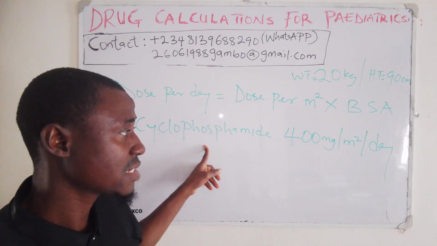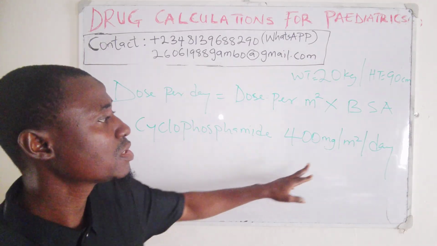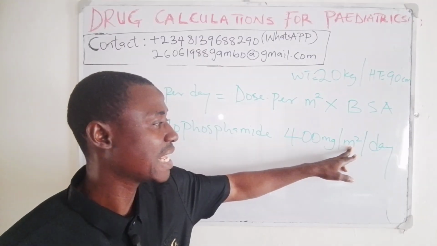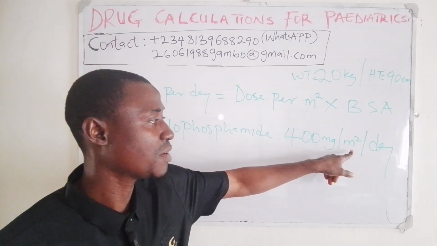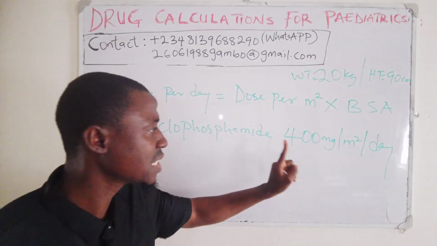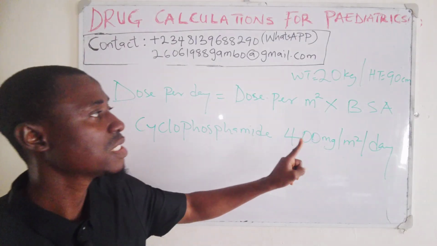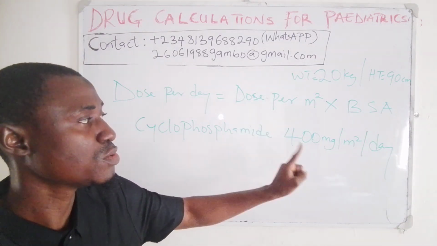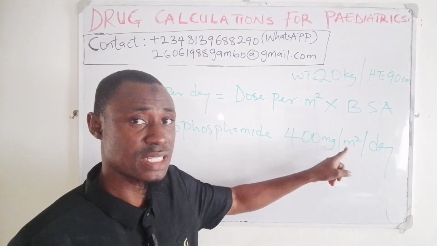This is an anti-cancer drug. And the prescription, instead of per kg, which is what we are used to with regards to weight, this time around you are seeing meter square. Any prescription where you see meter square indicates the drug is going to be dosed using the body surface of the child.